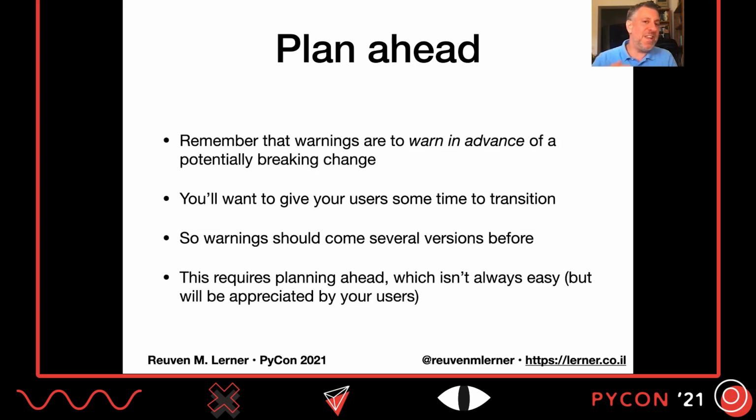So this version, the next version, we're going to give them increasingly dire sounding warnings saying, hey, dummy, you'd better... I keep saying dummy, right? We want to respect our users. Yes. Hey, user, we really want you to plan ahead and think about what's going on. You want to give your users time to transition. So really think about if you need to make changes like this, how far in advance you can make them, and then how far in advance you can warn your users about it.